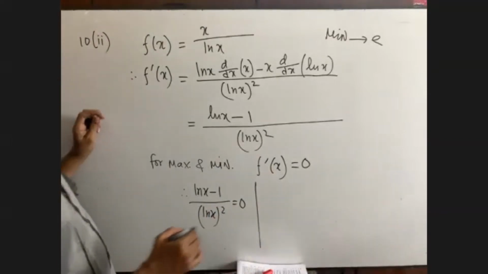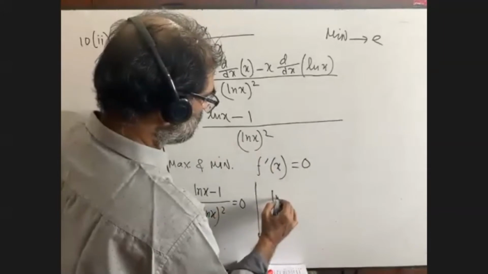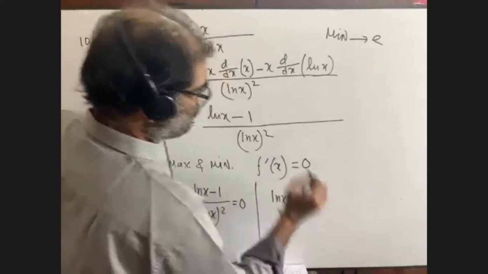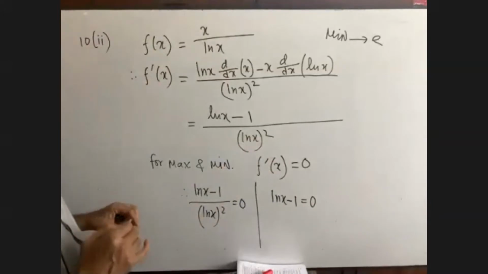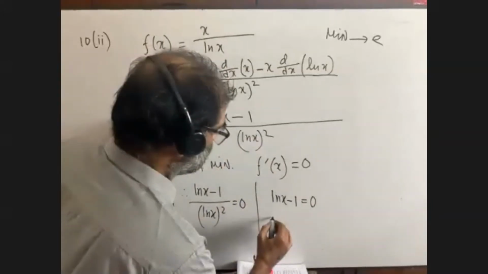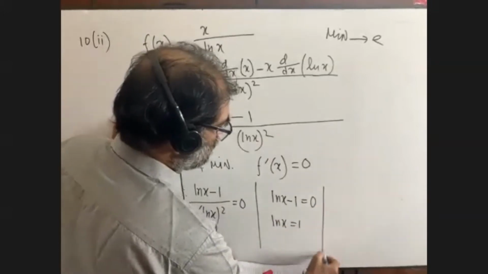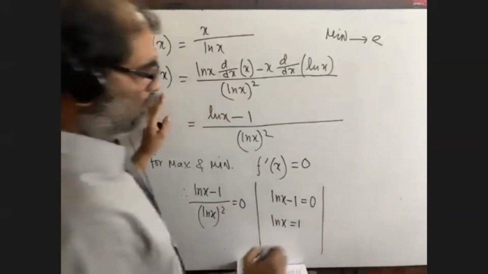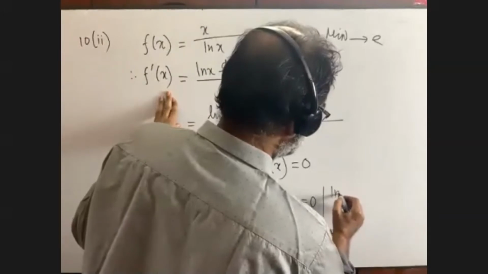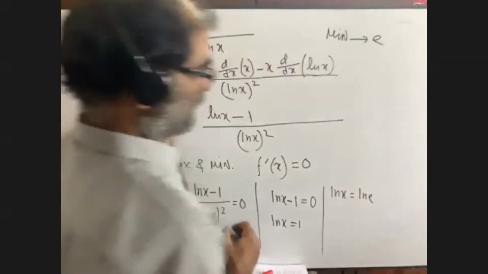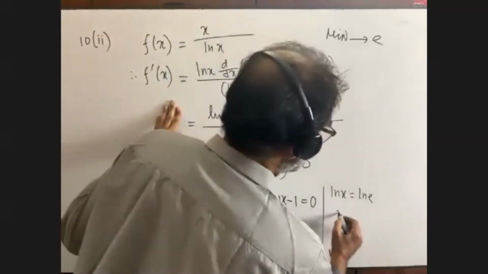That means we are getting here ln x minus 1 equals to 0. From here we can write down ln x equals to 1, and by this time we all have come to know that ln e equals to 1. So we are getting x equals to e.